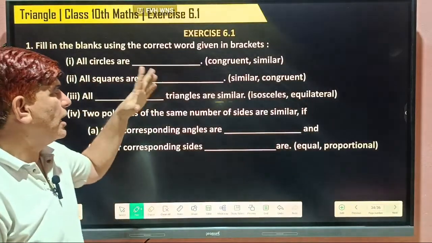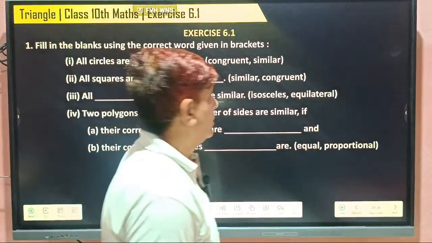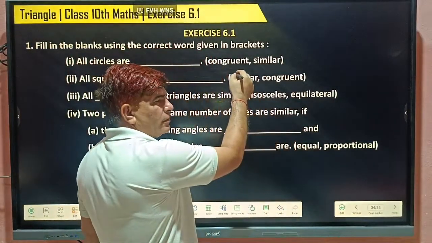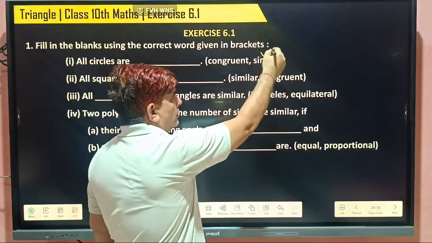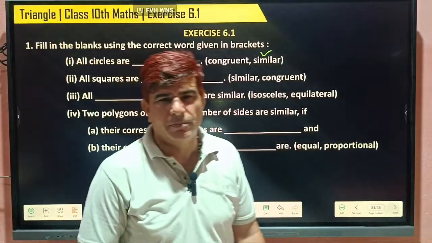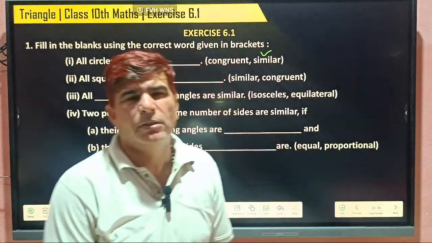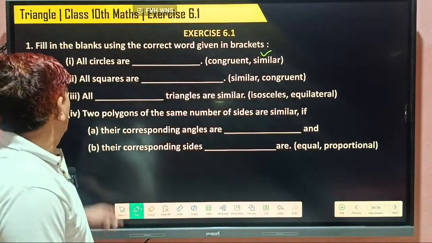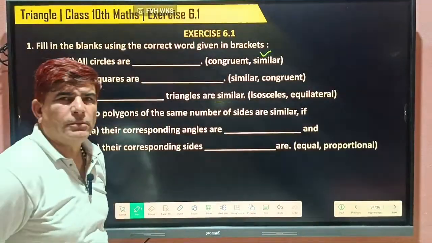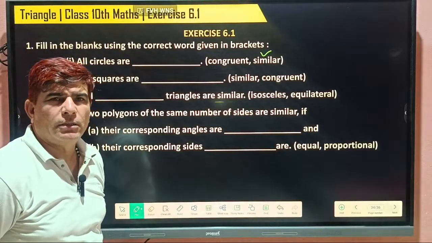Are all circles congruent or similar? Similar, because their shape is the same, though size may be different. So all circles are similar. Are all squares congruent?